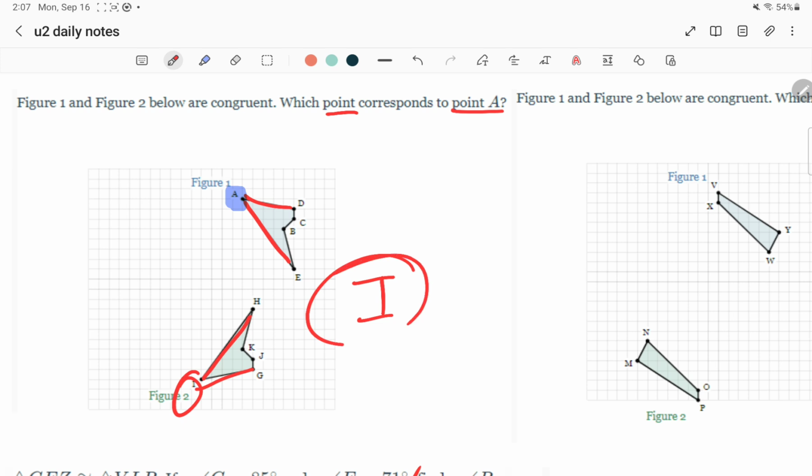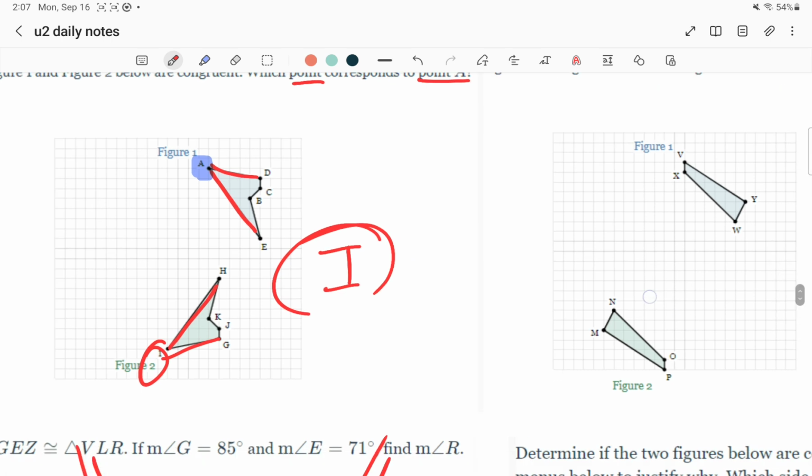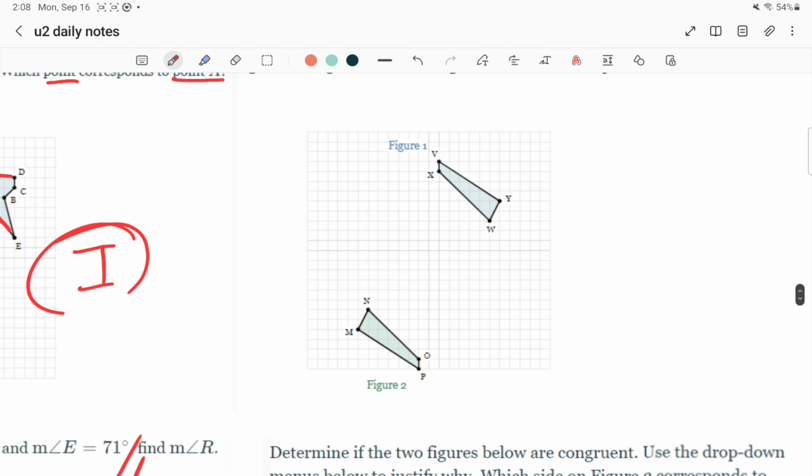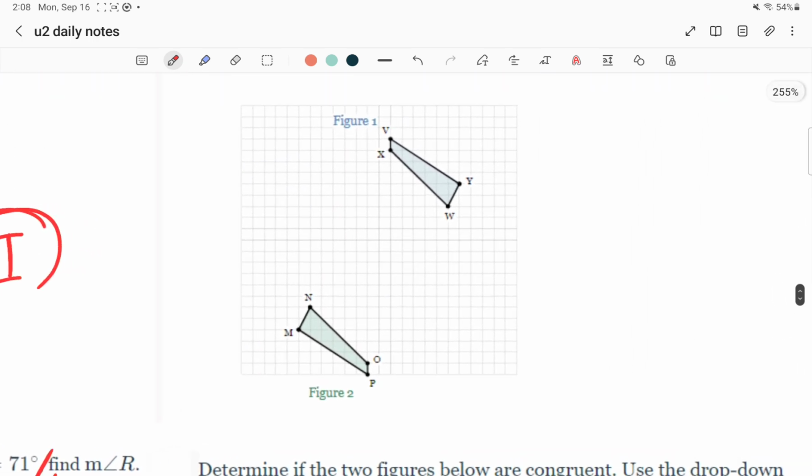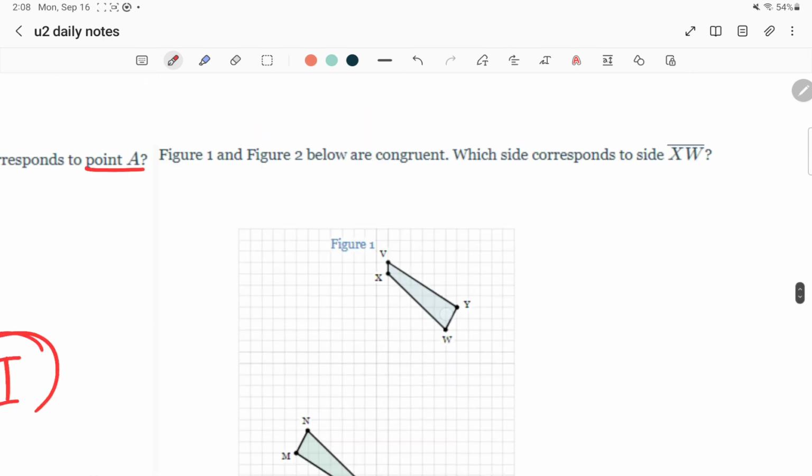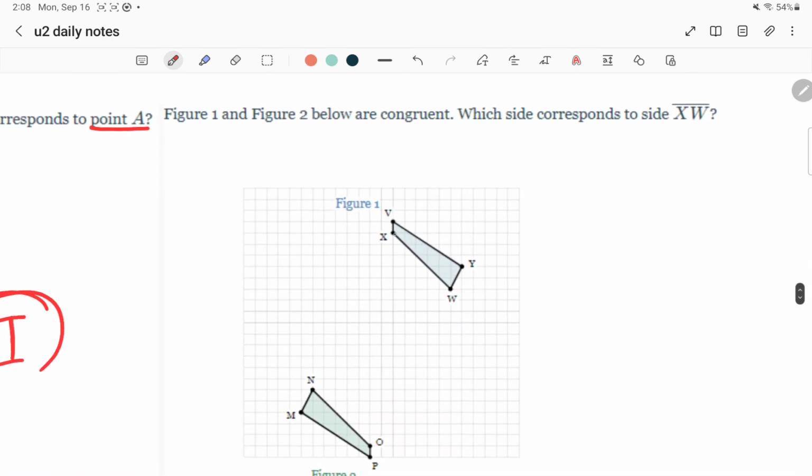Some people can just look at it and tell. Some people have to rationalize it for themselves. You figure out what works best for you. Take a look at this one. This one's a little tricky. This one is asking us to find which side corresponds with X to W. There's XW.